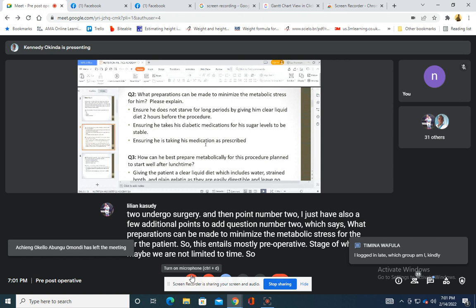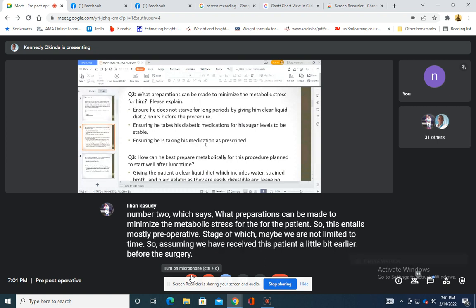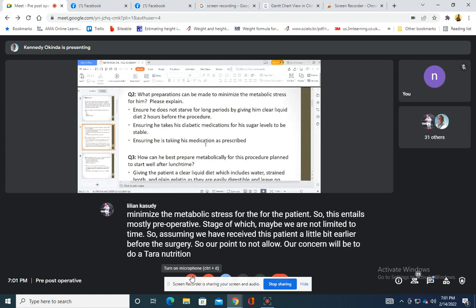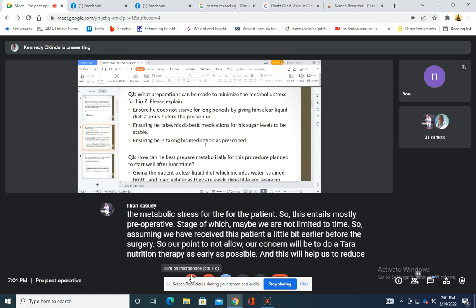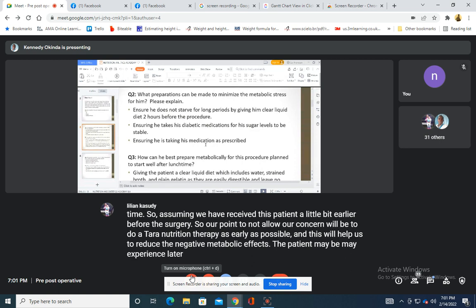So assuming we have received this patient a little bit earlier before the surgery, our concern will be to do a thorough nutrition therapy as early as possible. And this will help us to reduce the negative metabolic effects that the patient may experience later on after surgery.